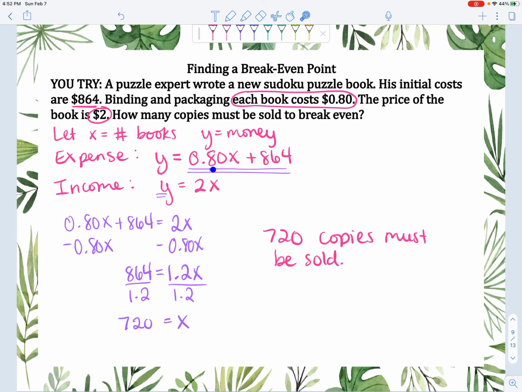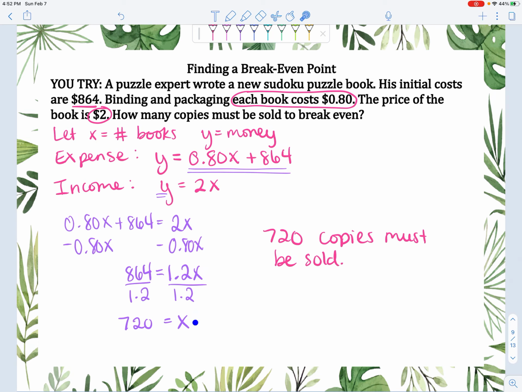So that's our rate, so that's our slope, 0.80x plus 864. So we're going to try and offset those costs for making each book by charging $2 for each book. So again, it's not as clear here, but that is a rate. This is our income. This writer is going to get $2 for every book sold. Once we have a system, we can set this algebraic expression equal to this y, since it's equal to y, and solve for x.